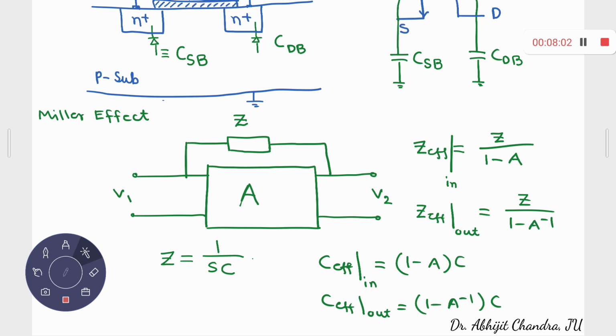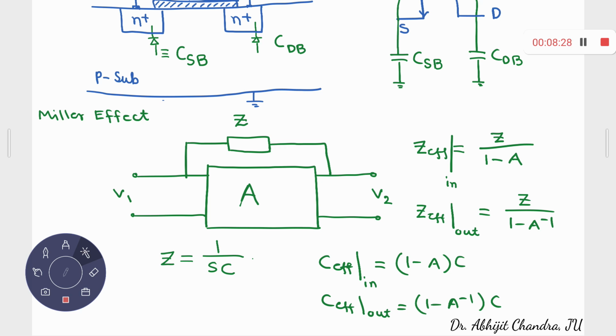So that impedance is connected between the input terminal, input port, and the output port. V1 corresponds to the voltage available at port 1 or the input port, and V2 is the voltage available at port 2 or the output port, and this is the reference line. That impedance Z is connected between port 1 and port 2.